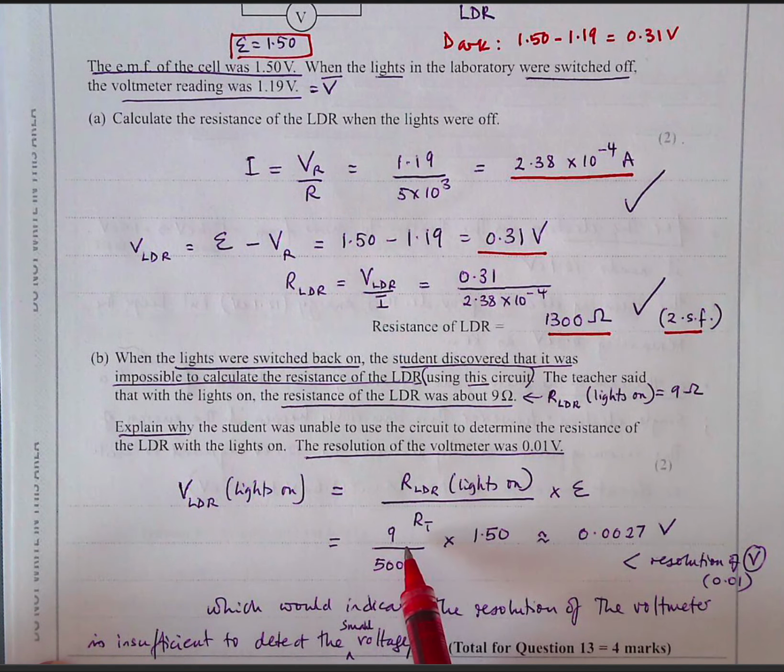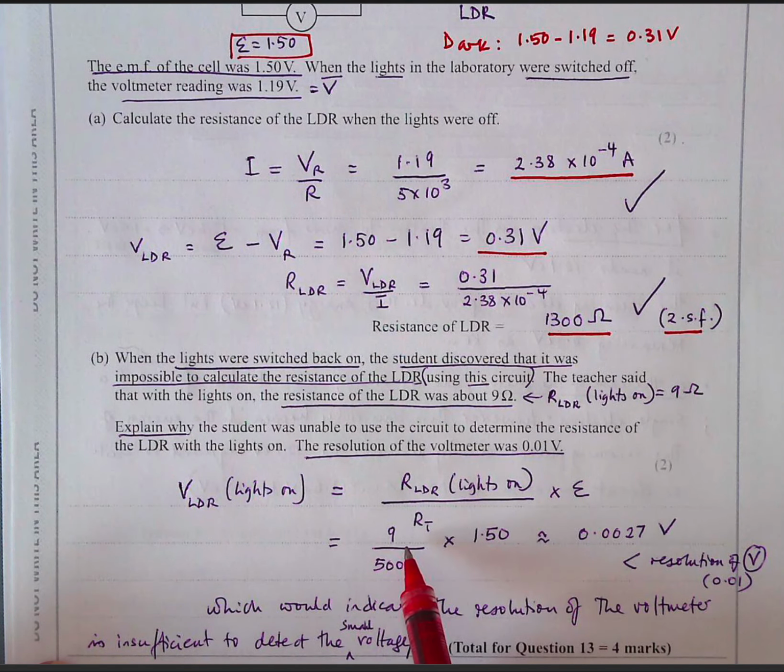So the total resistance is 5,009 ohms. So the LDR will only get a very small fraction of the total EMF, so it'll be 9 out of 5,000 of the 1.5 volts, which is the EMF. So it only will be able to get, calculated wise, less than 0.01 volts.